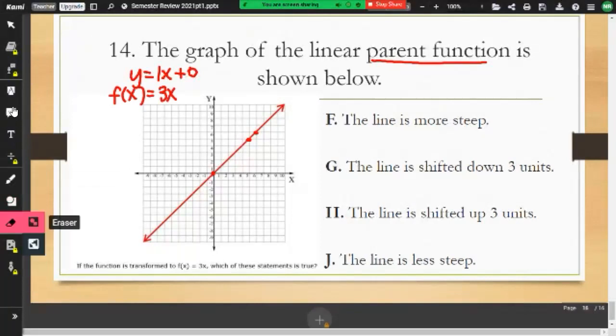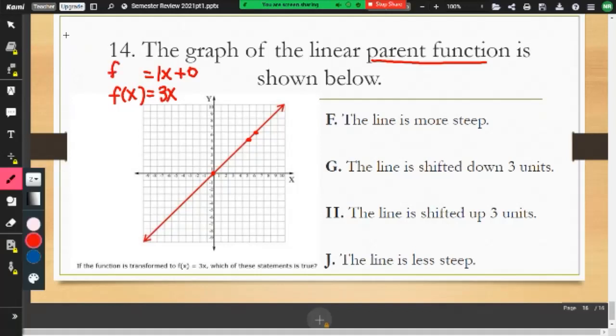Now, if you think back to function notation, f of x equals and y equals are the exact same thing. There's no difference between writing it that way. So since we're changing the slope, what are we changing? Are we changing the steepness or the shift?